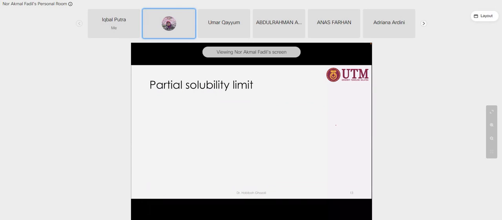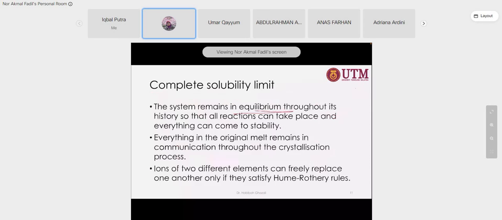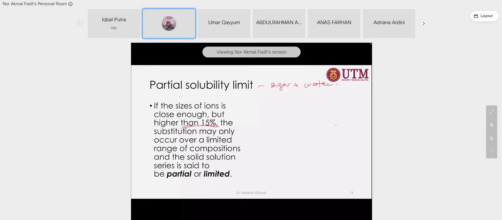Partial solubility is similar to sugar plus water. Beyond that limit, you will produce more than one phase. If the sizes of the ions are close enough, but the difference is higher than 15%, just now when we talked about Hume-Rothery, the size difference is less than 15% between element A and B, but for this one it is higher.